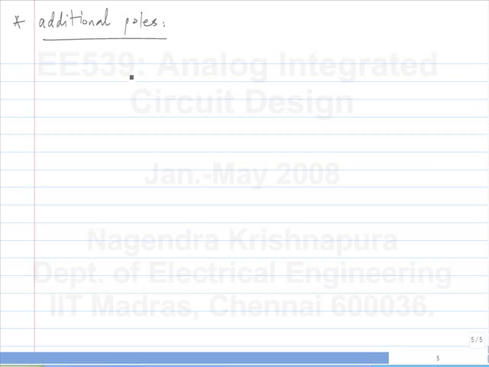So, we will analyze them separately and assume that the effects add up in some way. So, instead of getting just omega u divided by s, I can have additional poles. I will call this P2 because the first pole is at the origin, so that is the second pole. Okay. Now, I can also have additional zeros, we will see the effect of that soon. So, what is the effect of this?